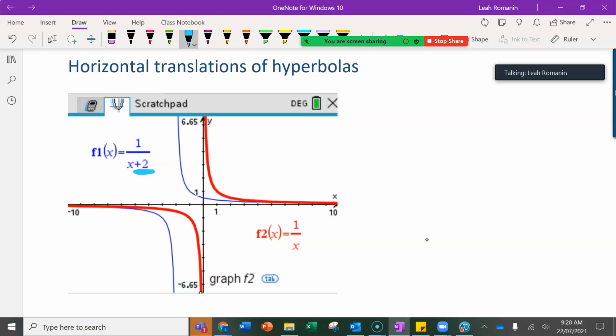So remembering that when we do a quadratic, say when you have something like x plus 2 squared, this moves the graph left. And remember how I said it's kind of confusing because you think it would move it right, but it doesn't. It moves it left. So I always think about it as going the opposite way to what I naturally think it would move in. A +2 moves it left 2.